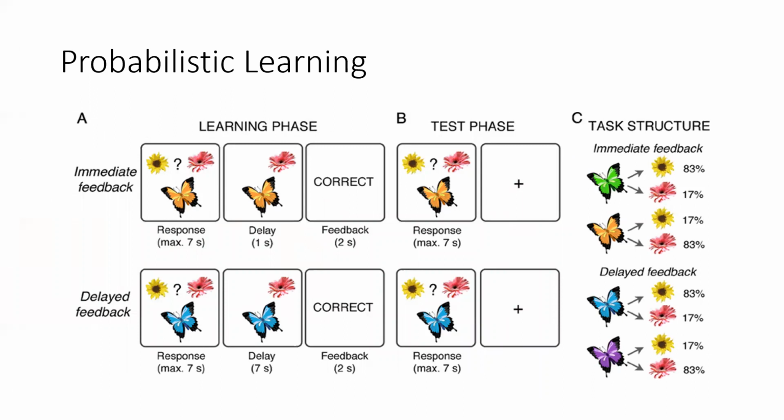Another classification of algorithm is called probabilistic learning, which is a tongue twister for me. Sorry for that. Okay. So here, you give different dimensions of something to your model and then ask your model, is it a butterfly?